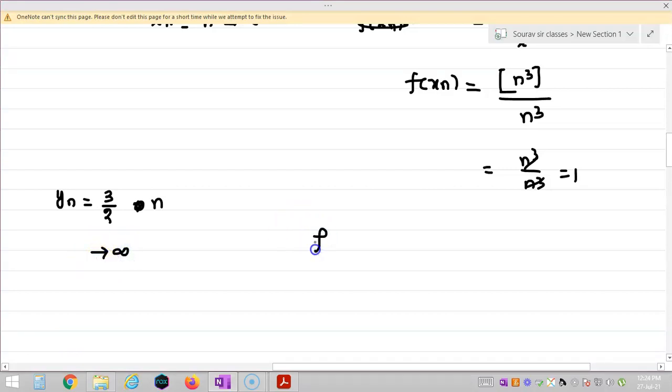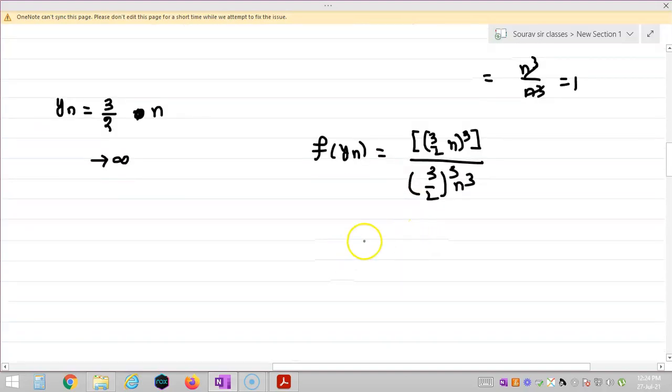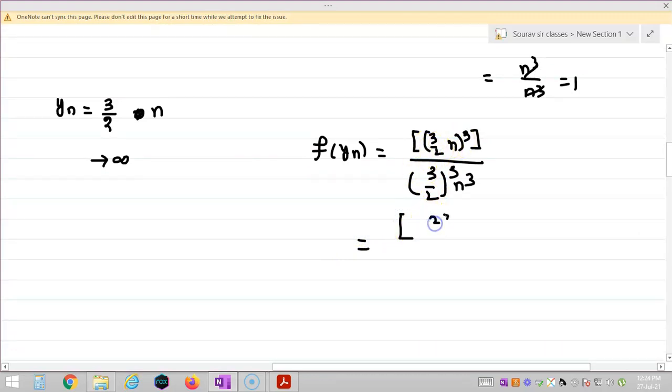Now let us find f of yn. f of yn is equal to the greatest integer of (3 by 2 into n) whole cube, divided by (3 by 2 into n) cube, that is (3 by 2) cube into n cube.